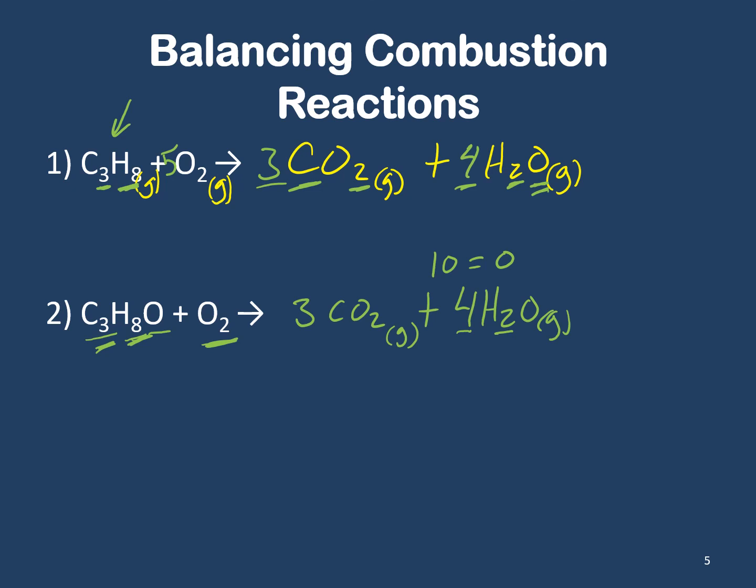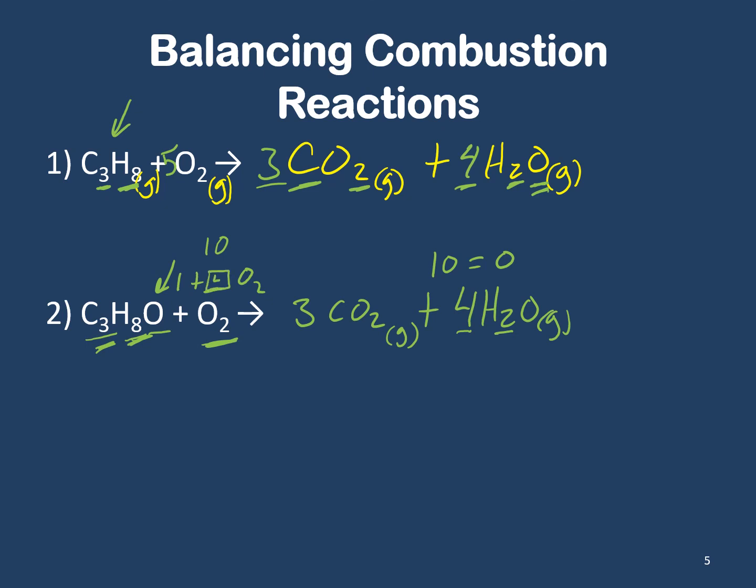Now, right now I have 10 oxygens on the right, sorry. And here's where it gets a little bit tricky. We have an oxygen in this compound. So I need 1 plus whatever O2's number is to add up to 10. But that would mean that I need whatever my blank here is times 2 to be 9.